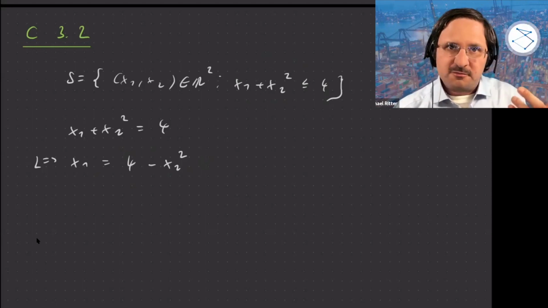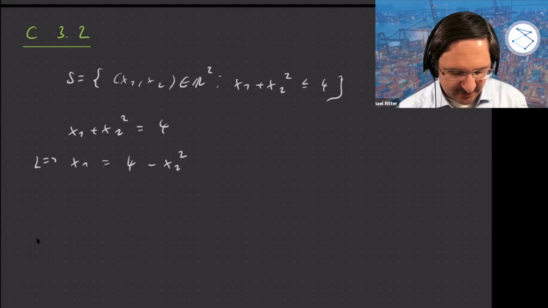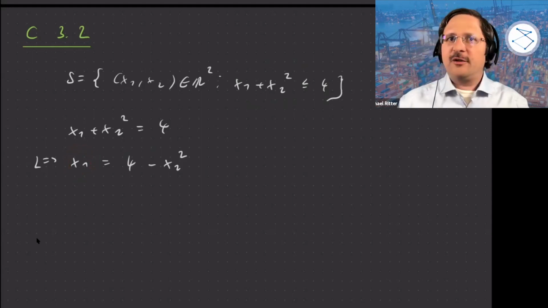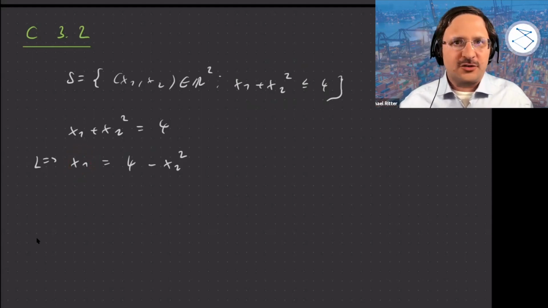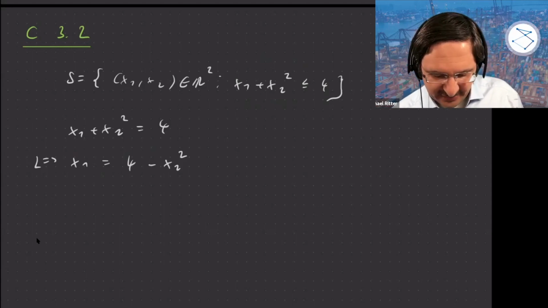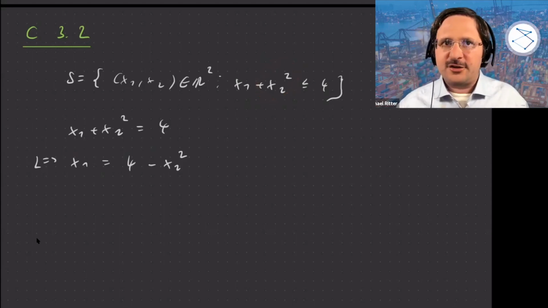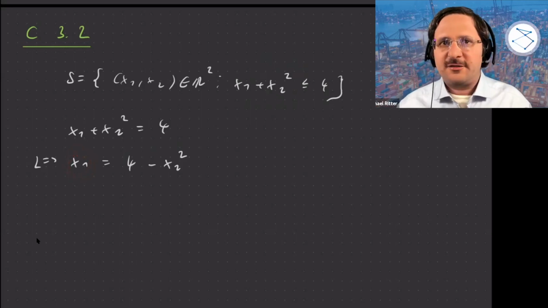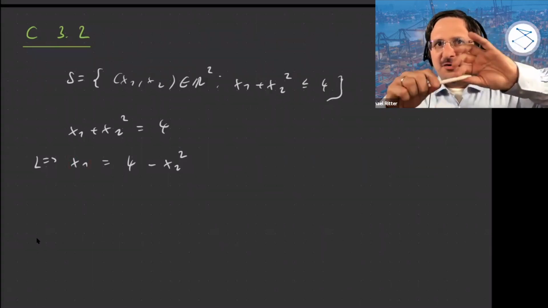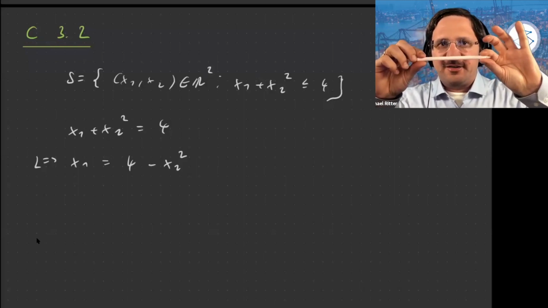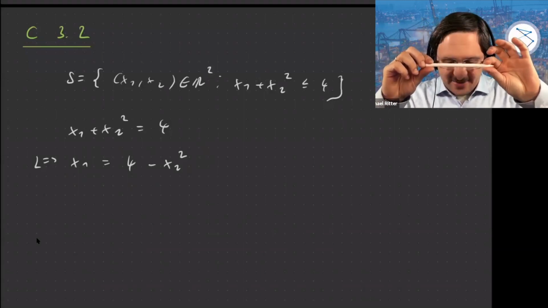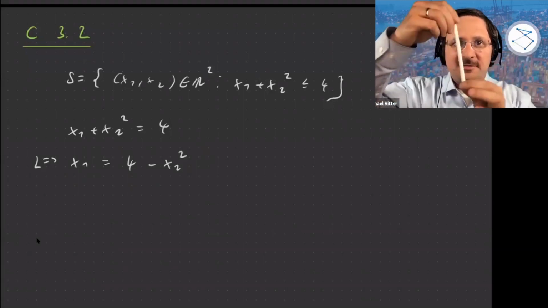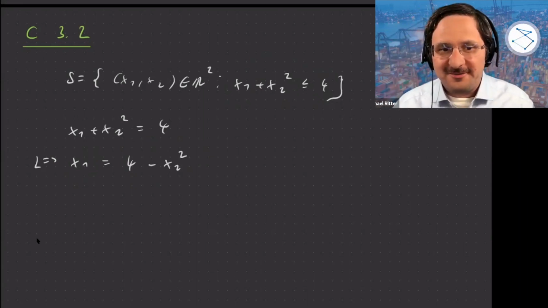The only unusual thing is that we solve this for x1. Usually you solve for x2, and then you can just draw the function. That's a little more complex here. You can also do that, of course, with a case distinction, but solving for x1 is a little easier. You just have to, at least in your mind, turn around the coordinate system, right? So now the free variable is the x2, and the dependent variable is the x1.